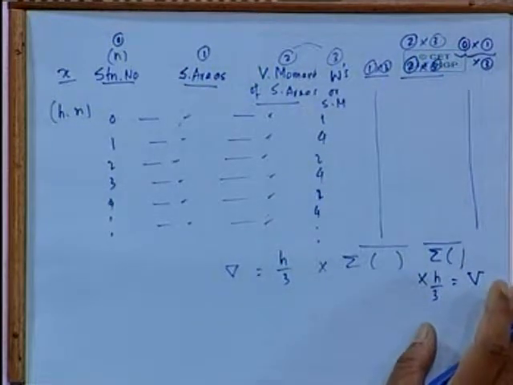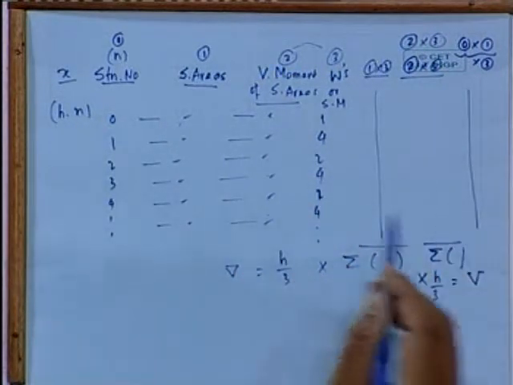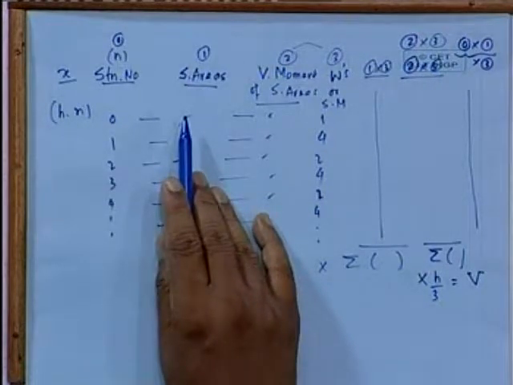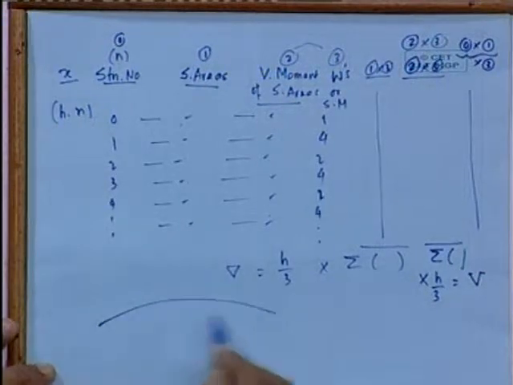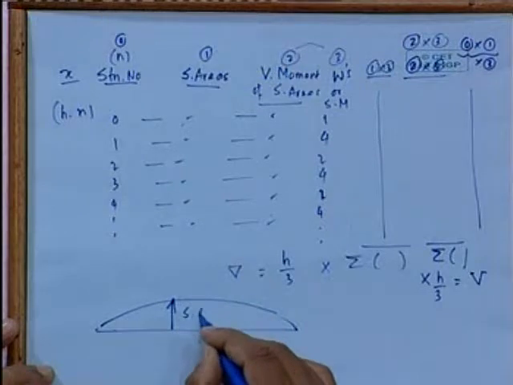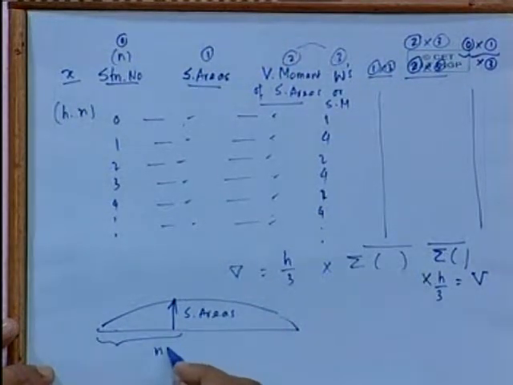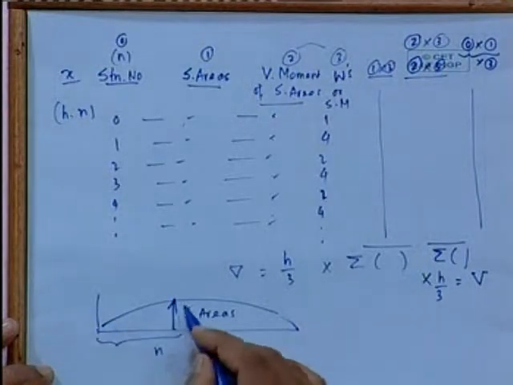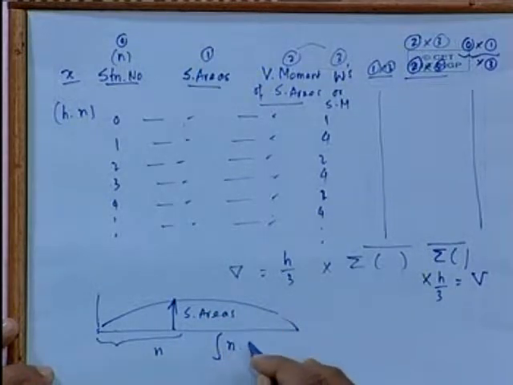This is to be seen more slowly. Station number into section areas. I have got this here. This is my section areas. This is my station number n. So multiply this with this. That is, we are integrating n into s.